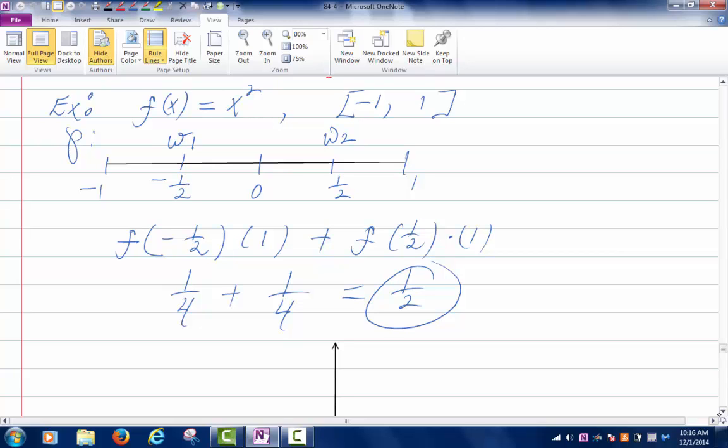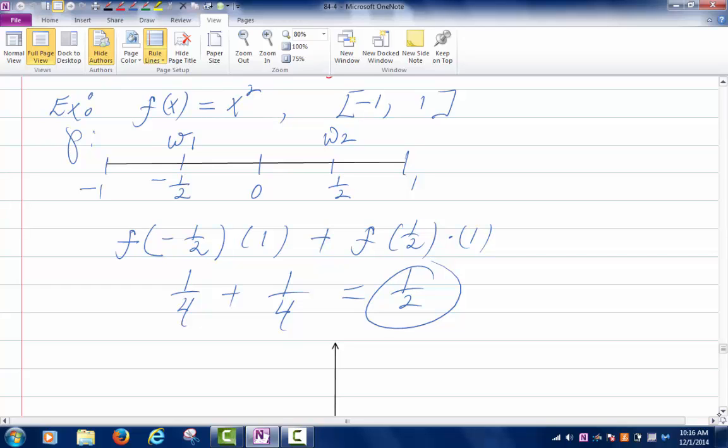Okay, so I evaluate the function at the sample points multiplied by the corresponding lengths of the subintervals. So I evaluate f at negative half multiplied by the length of the first subinterval, which is 1. I evaluate the function at the second sample point half multiplied by the length of the corresponding subinterval, which is 1 again.